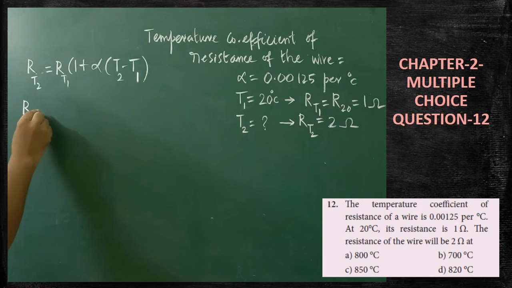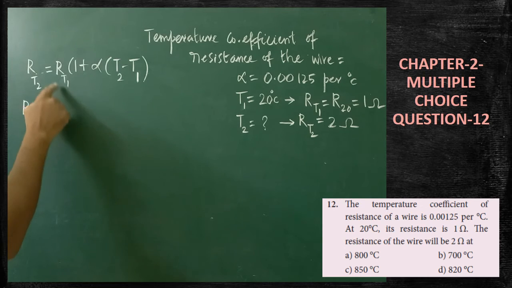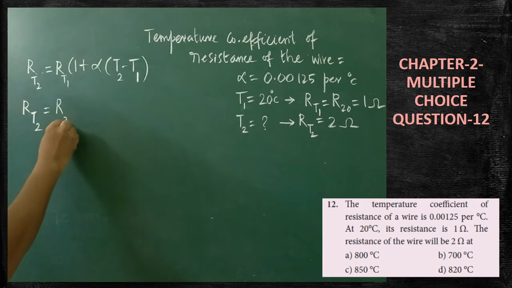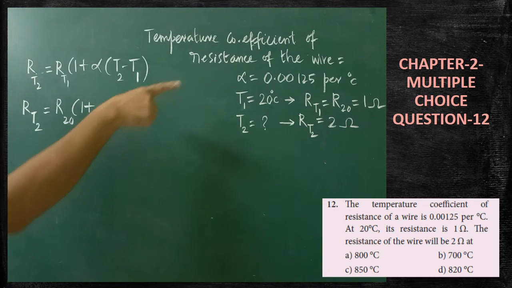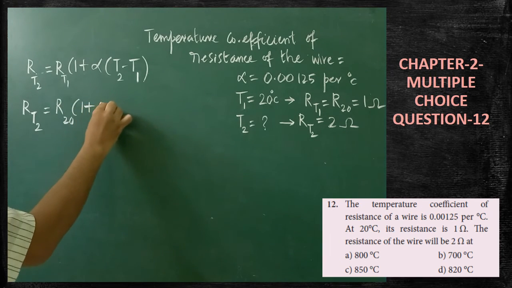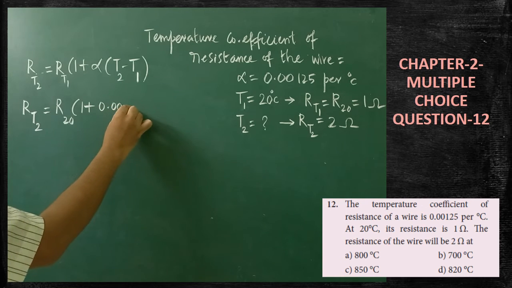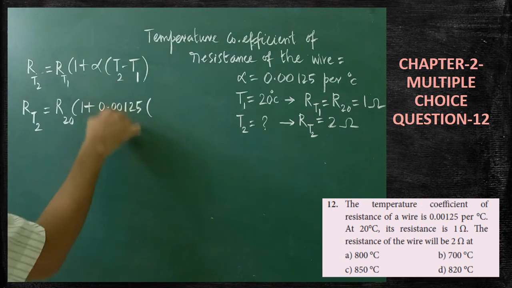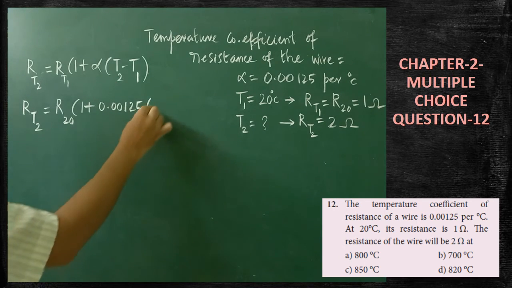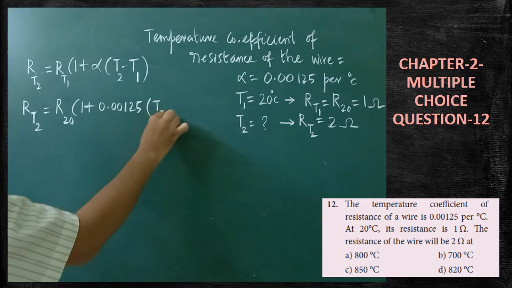You simply write it as it is. Resistance at new temperature RT2 is equal to RT1, which is R20, the resistance at 20 degrees Celsius, times 1 plus, substitute the value of alpha, 0.00125. That is the value of alpha. The T2 value is not known, so write it as it is.